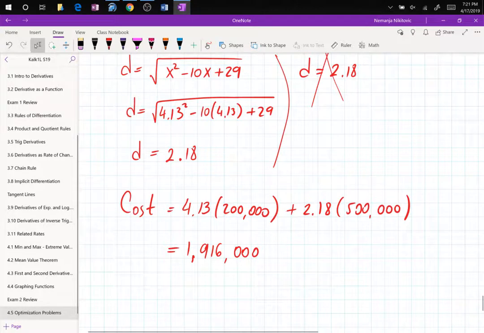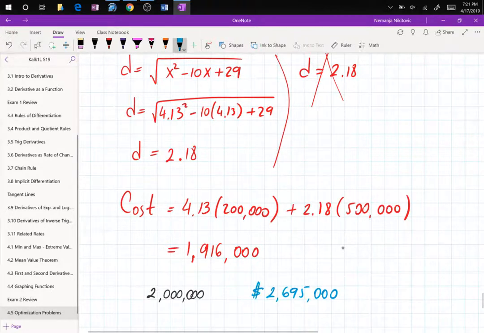So we saved, right? The other two numbers, the black number was 2 million, and the blue number was 2,695,000, right?